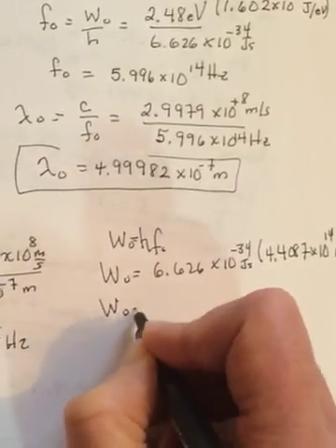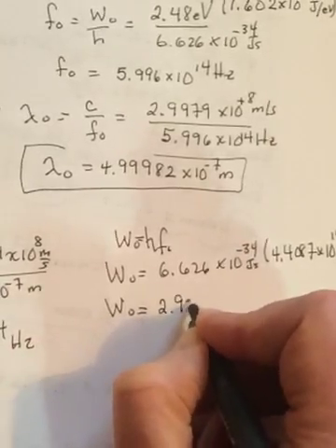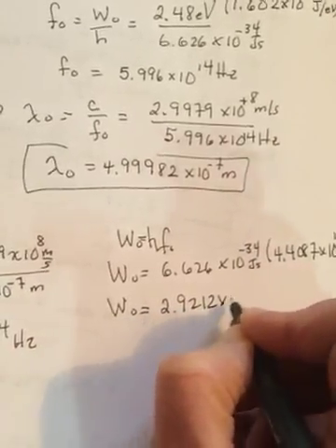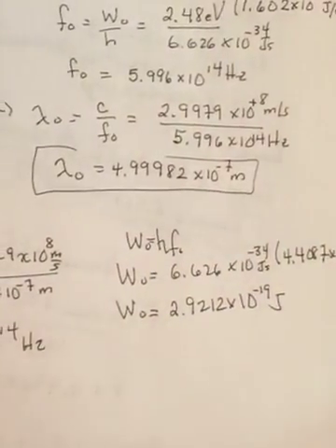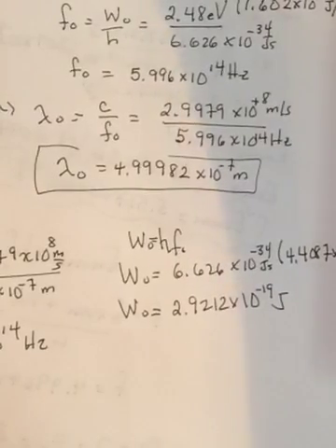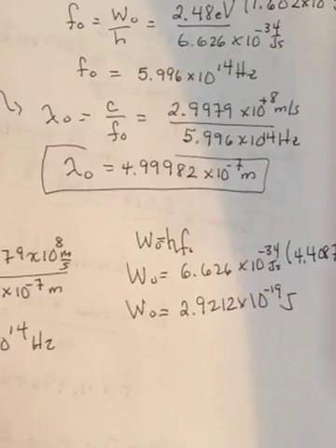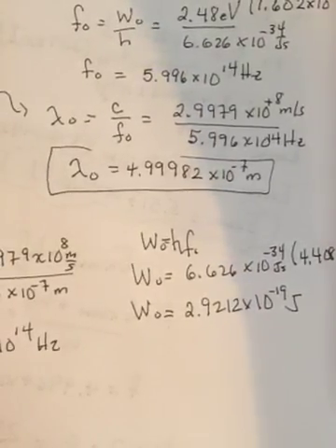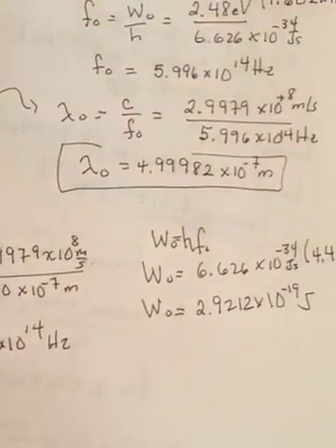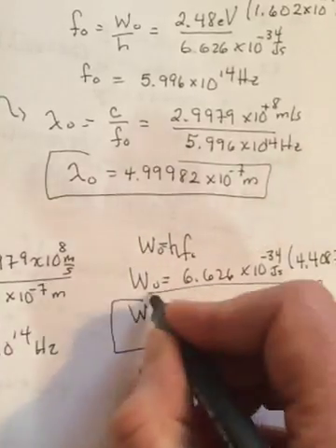Multiply together, and you should get a W0 of 2.9212 times 10 to the negative 19 joules. But again, if we go back to the question, it doesn't ask if it's in joules or electron volts. I thought it was going to. What should be the work function of the cathode? It doesn't say it has to be in electron volts, so you can just stop right there.